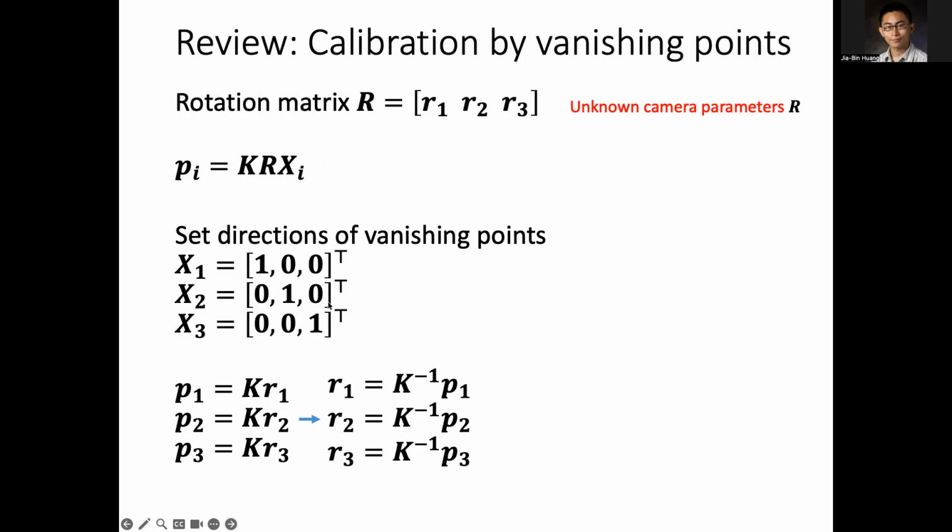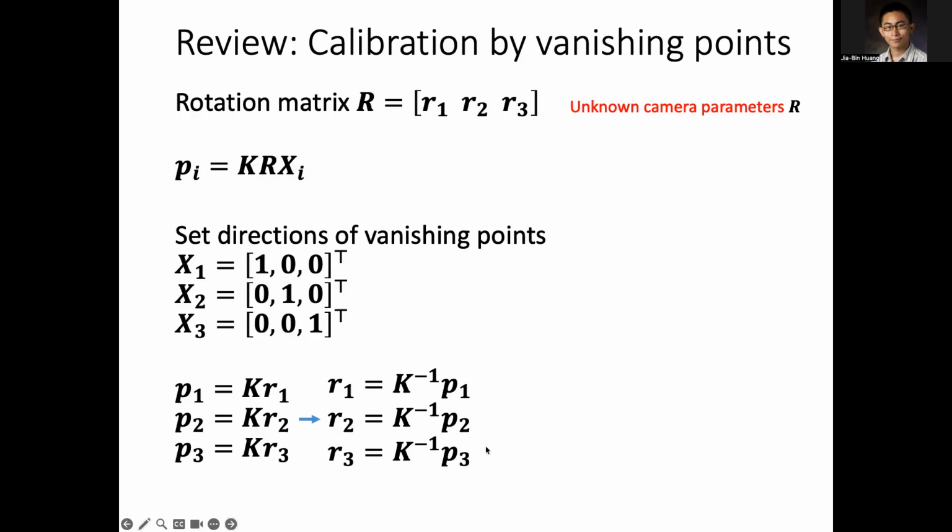Similarly, if you take the 0, 1, 0 column vector and pre-multiply this rotation matrix, it pulls out the second column. So you pull out these columns, and now you know how to express R1, R2, R3 as these, right?